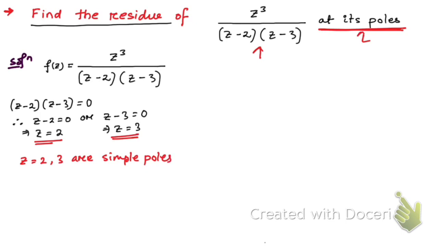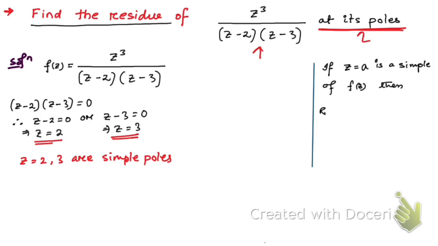So how to find residue at simple poles? Here you see, if z is equal to a is a simple pole of a complex function f of z, then the residue at z is equal to a is given by the limit z tends to a.